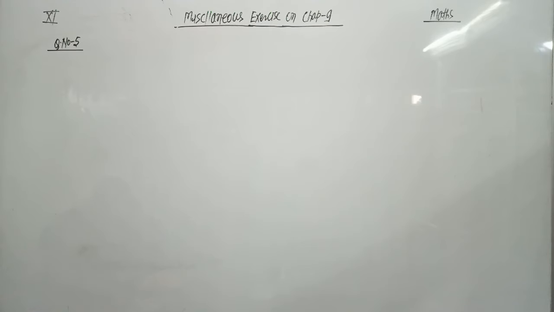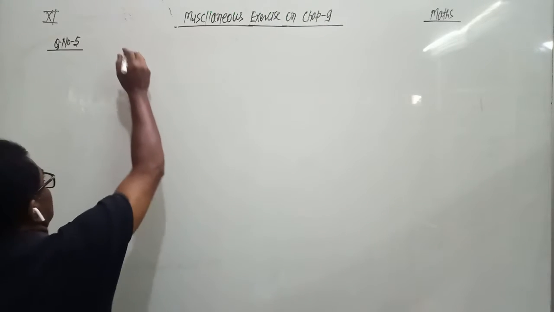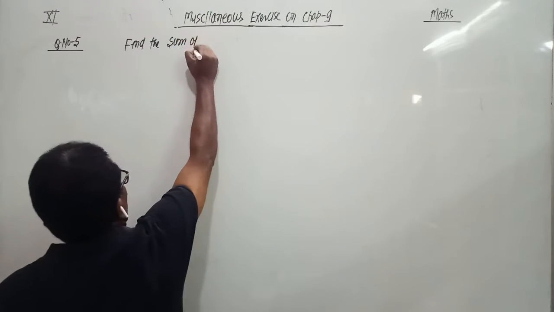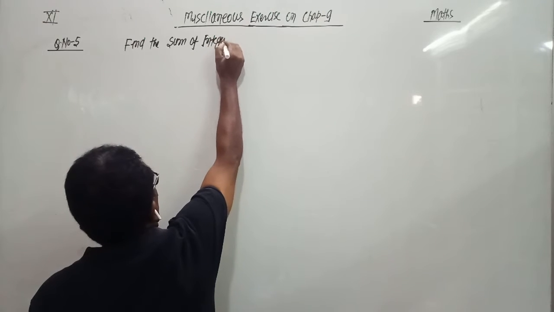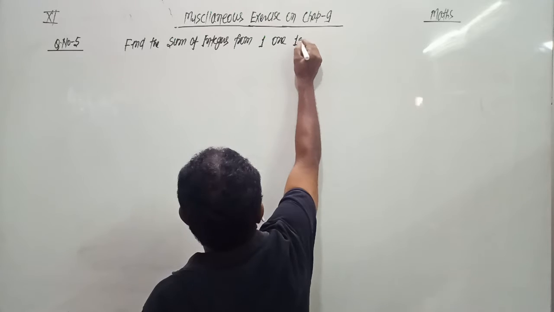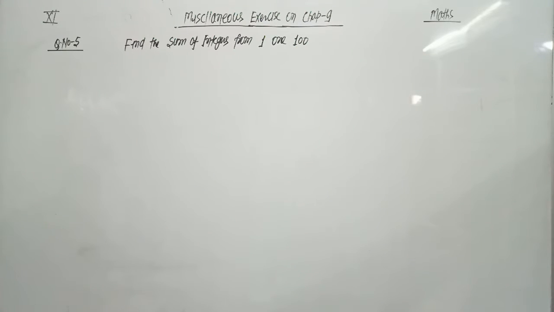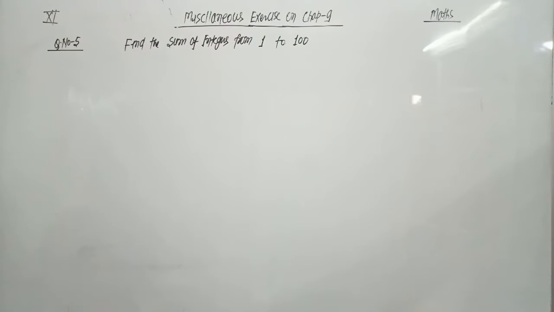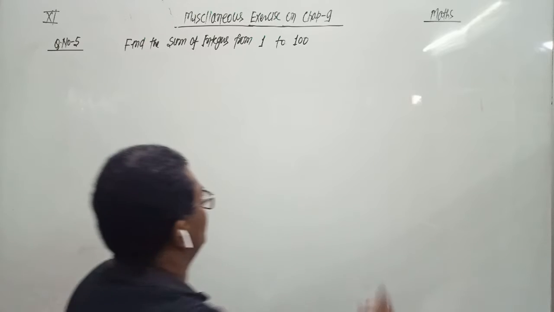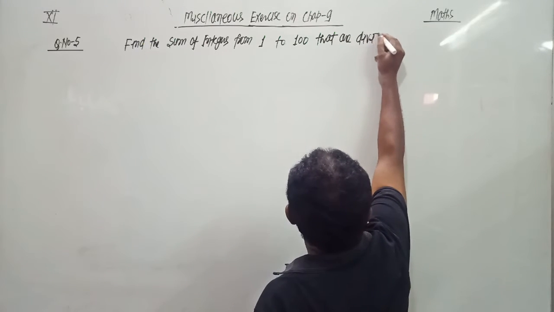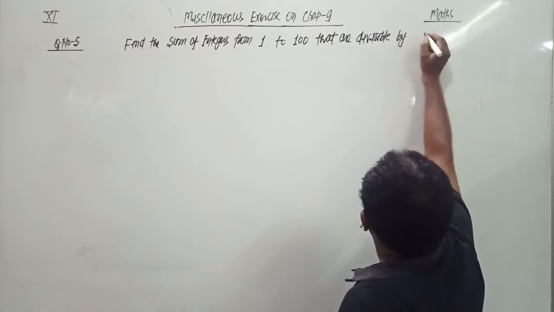Find the sum of integers from 1 to 100 that are divisible by 2 or 5.